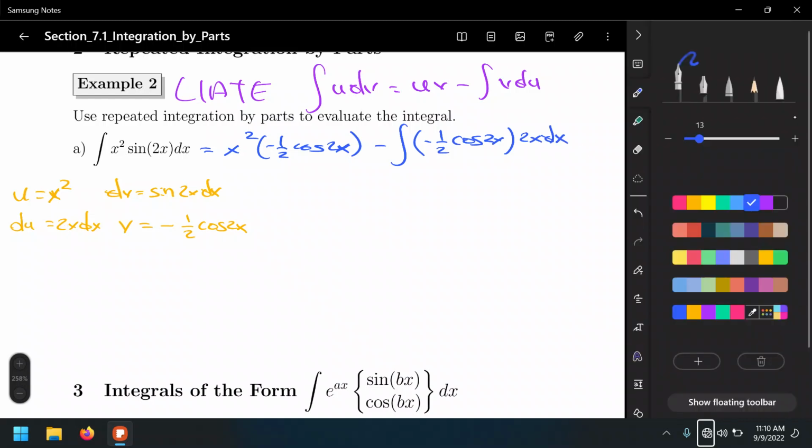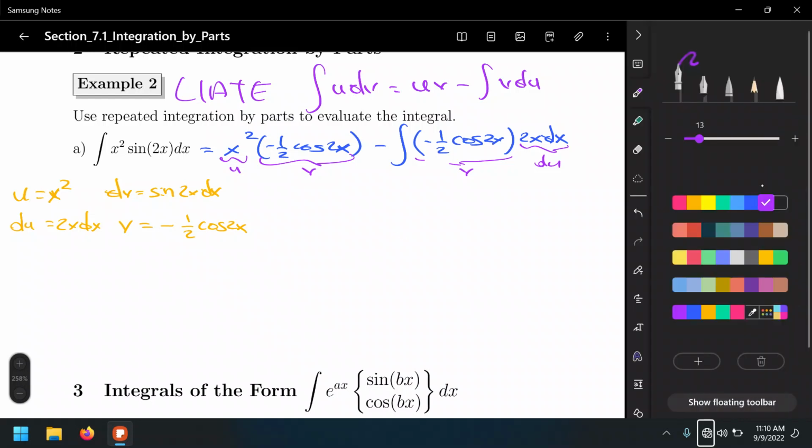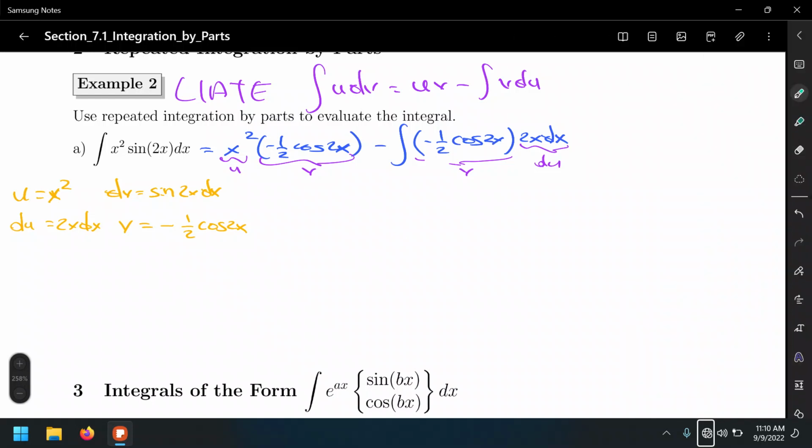And again, just to briefly check the consistency, this is uv minus the integral of v du. Right?